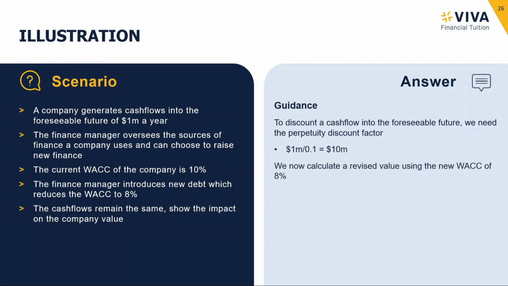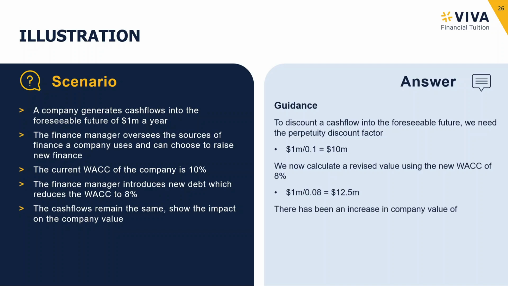Now we do the same calculation again, but now we've revised the WACC to 8%. The cash flow has remained exactly the same, but we're now going to discount that cash flow into perpetuity using the 1 over R again. And we'll see here that the value of the company is now 12.5 million.